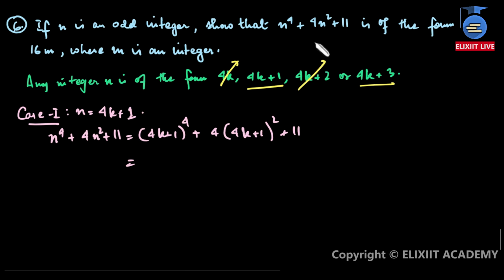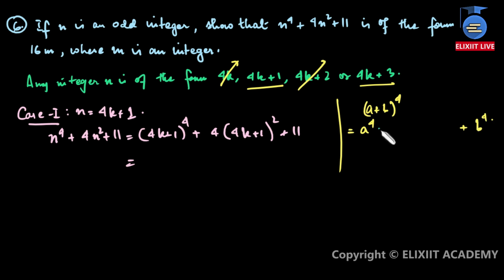You can directly use this formula if you know it: (a plus b) to the power 4 is a to the power 4, plus 4a cube b plus 6a square b square plus 4ab cube, plus b to the power 4.